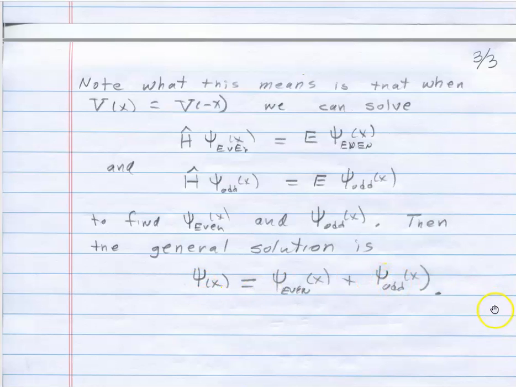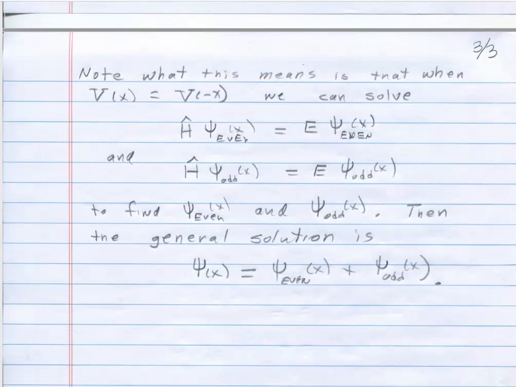So the full solution has both the even and odd parts in it. It turns out that looking at the even part of the wave function by itself usually turns into an easier problem, and looking only for odd functions that satisfy the Schrodinger equation likewise can simplify the problem, and then we recombine them.